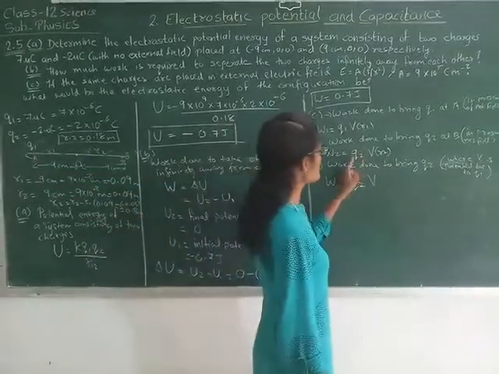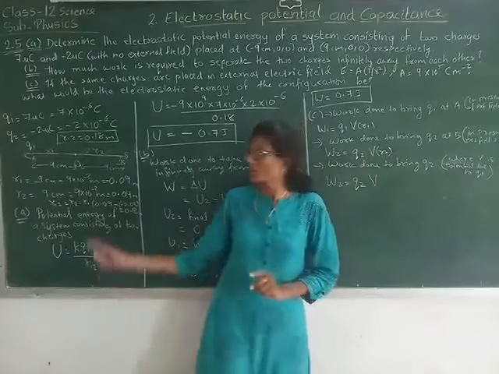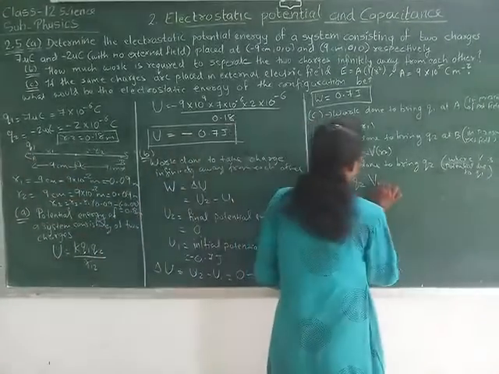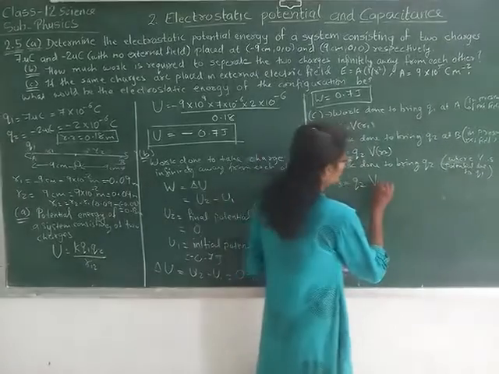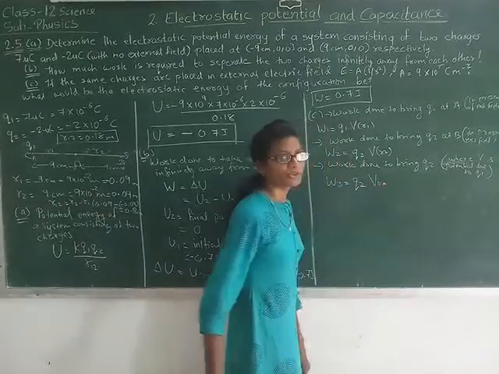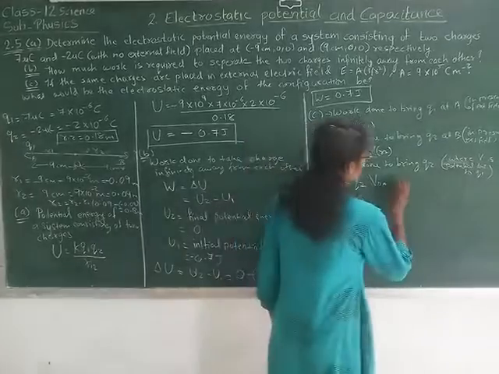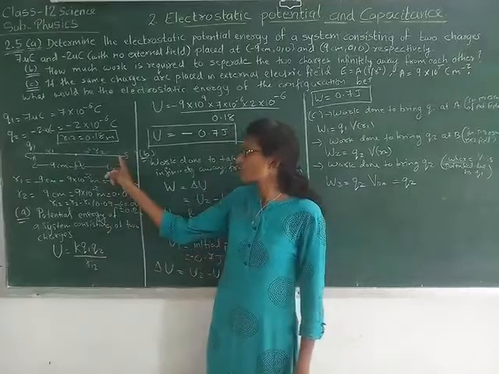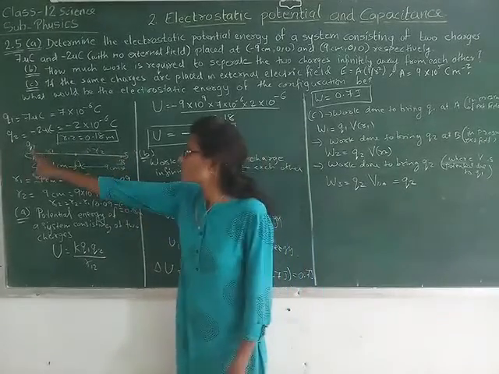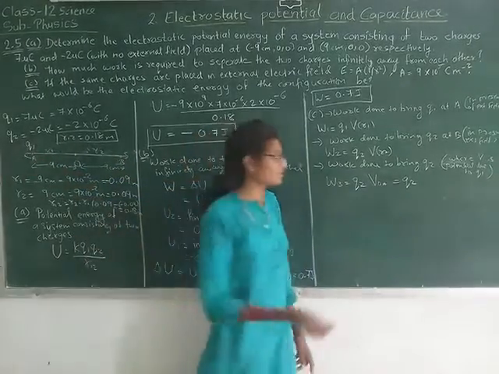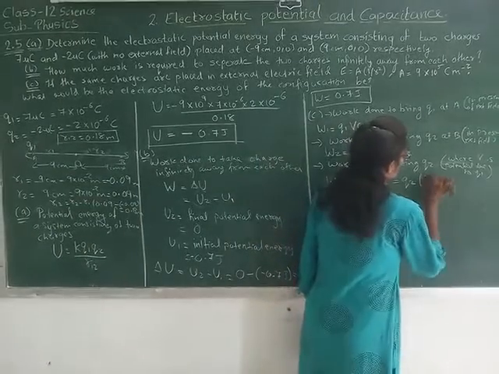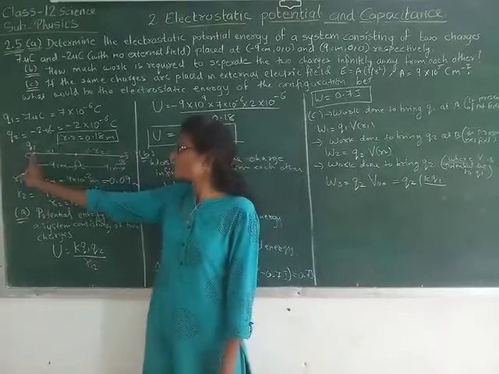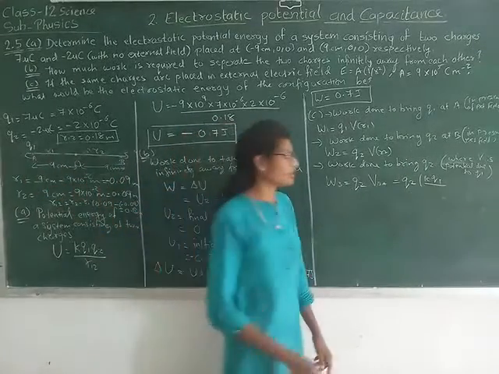Due to the external field it is Q2 VR2, and due to the charge Q1 that will be V. V at B due to the charge at A. So Q2 into the potential at this point due to this charge, that will be K Q1 upon the distance between this point and the charge Q1, that is 18 centimeter.